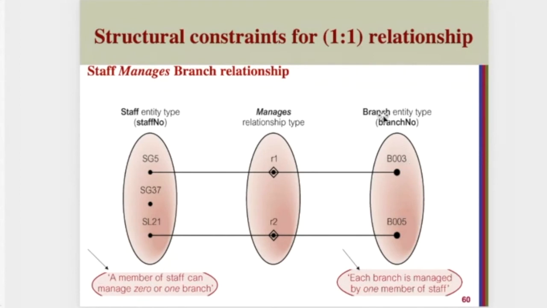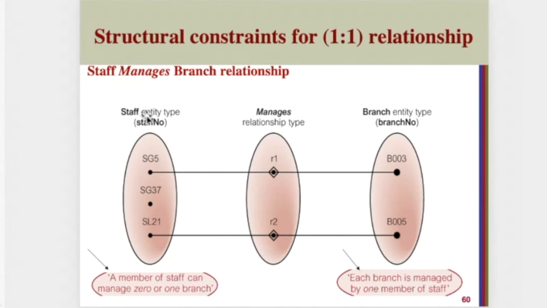Now let's read it from branch to staff. From branch to staff, we can say each branch is managed by 1 staff member. This kind of description, we should start from left to right, yani from staff to branch, then from branch to staff, both ways.